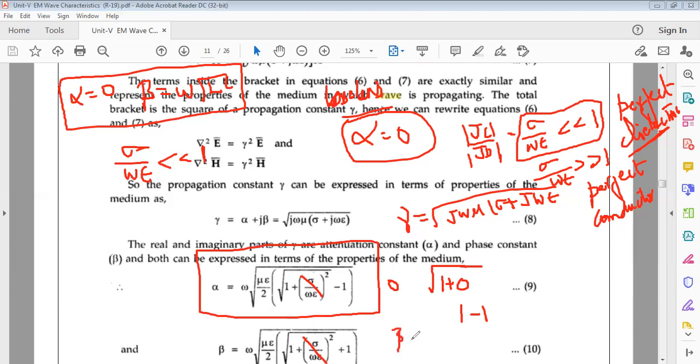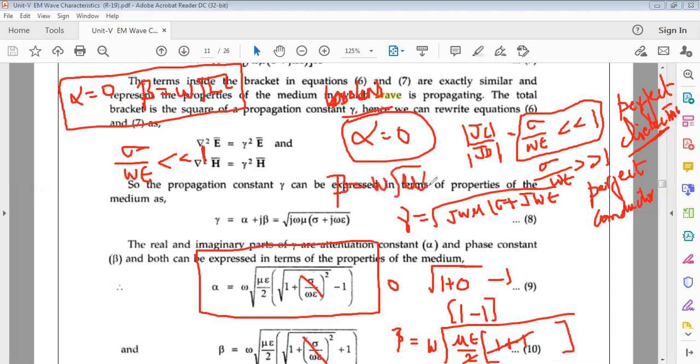So beta is equal to omega under root of mu epsilon by 2, multiplied with the square root of 1 plus, this term being neglected, 1 plus 1. Previously, the square root of 1 is 1 and 1 minus 1 is 0, so alpha I got as 0. Now what is beta? 1 plus 1 is 2, 2 by 2 gets cancelled. So beta is equal to omega under root of mu epsilon.